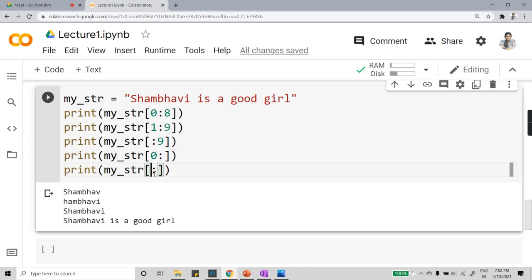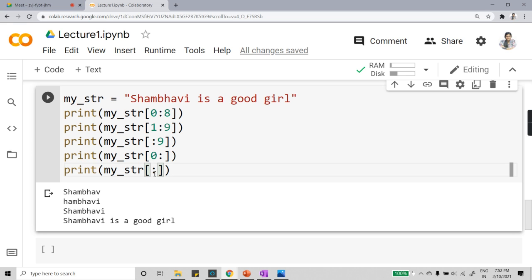What I said is that whenever I forget to write the starting index, it will automatically take the starting index as 0. And if I do not write the ending index, it will automatically take the ending index as the length of my string.